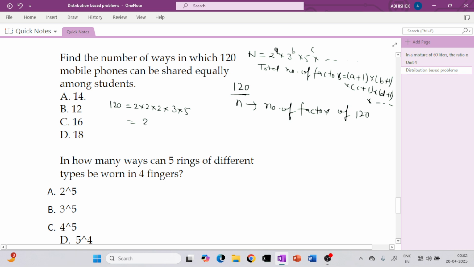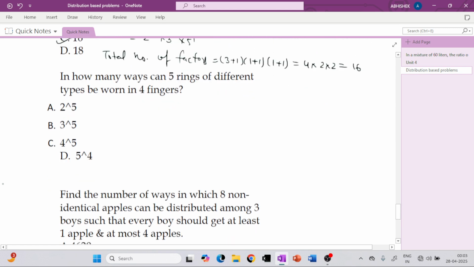So it will become 2 raised to the power 3 into 3 raised to the power 1 into 5 raised to the power 1. So the total number of factors will be equal to, increasing the powers by 1, (3 plus 1) into (1 plus 1) into (1 plus 1). So it will become 4 into 2 into 2, which is 16. So option C is the correct one.